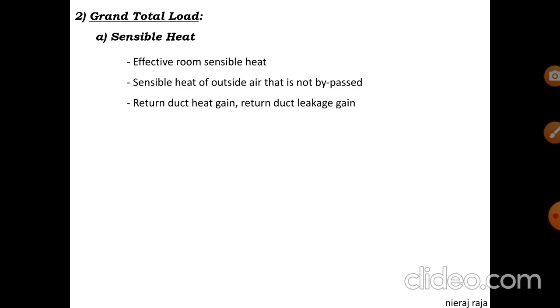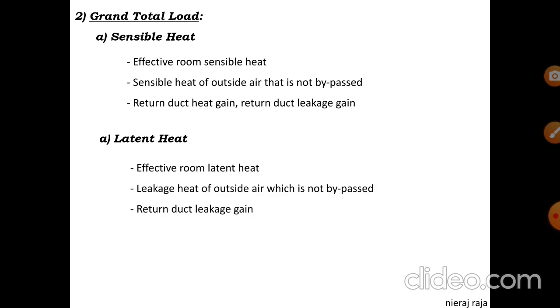Some air will flow over the coil, and some air gets bypassed. It is desired that the whole air passes over the coil, whether heating or cooling, and then enters your conditioned space. So there is also a possibility that some air gets bypassed. There are also chances of return duct heat gain or return duct leakage gain.